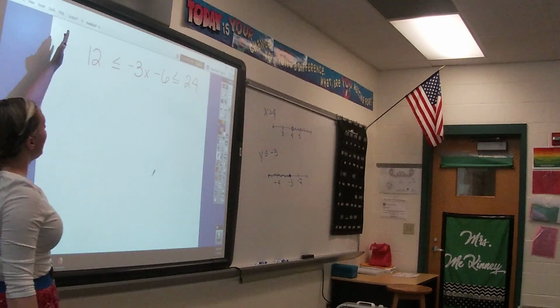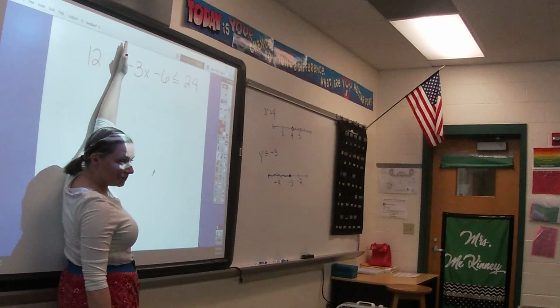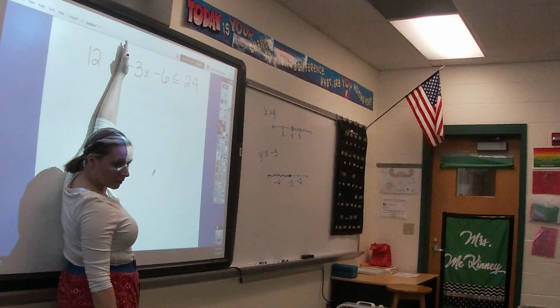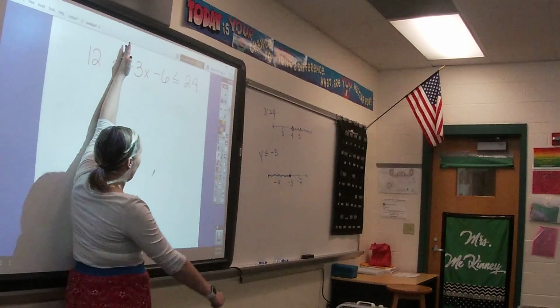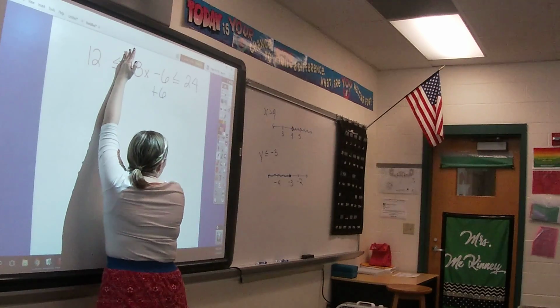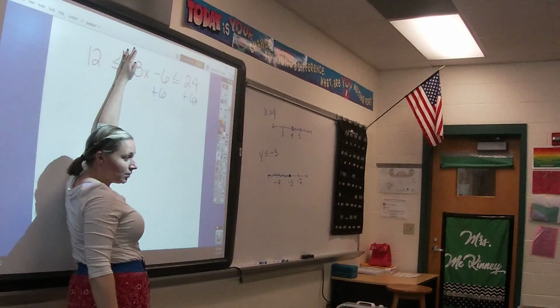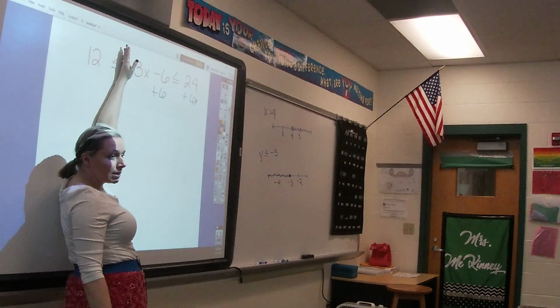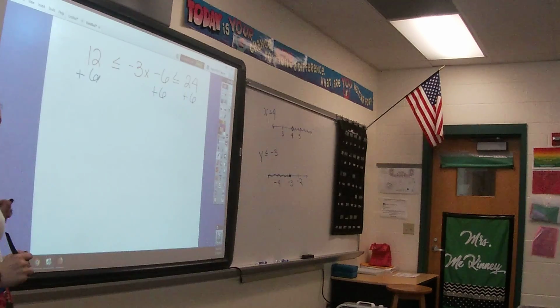So we're going to work our way over until we get past the first inequality symbol. What would we do first to solve this? Add 6. Whatever I do to one side, I have to do to the other. But I also have to do that where I'm ignoring as well.